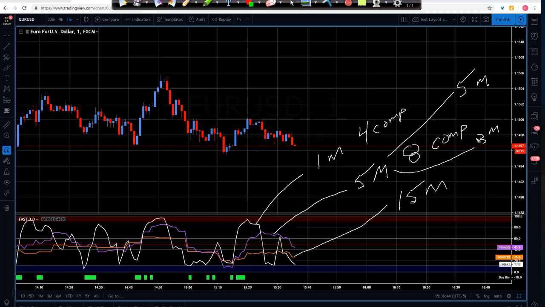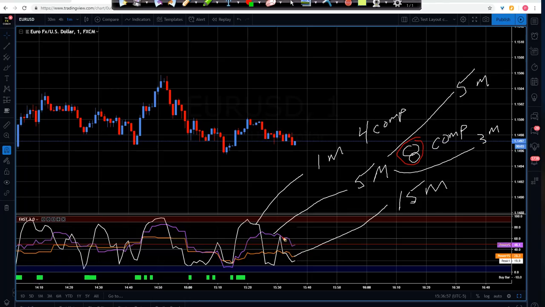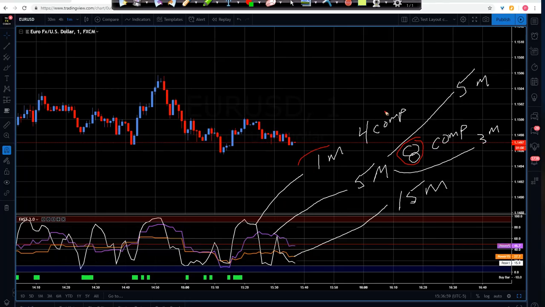And so they're weighted and averaged. And so the 5-minute plot that you see here is 4 indicators from the 5-minute chart and 4 indicators from the 3-minute chart, giving us a total of 8. There's 8 indicators in that one plot. There's 4 in the 1-minute plot.